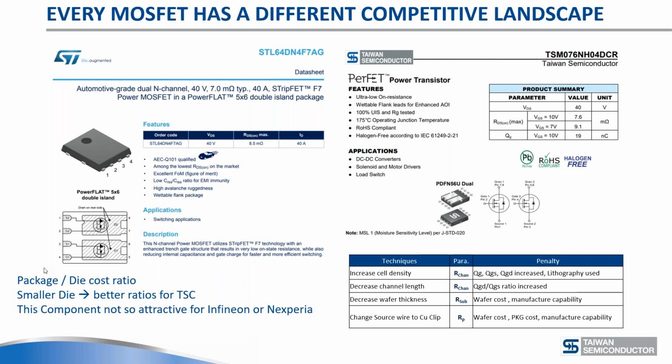The smaller the die, the better, and those better ratios are for TSC. Also, this 7.6 milliohm component as a dual is not so attractive at all for a company like Infineon or NEXPERIA to manufacture in these packages. So every component actually has a different competitive landscape, and you'll just have to learn about these different competitive landscapes as you start promoting our products.